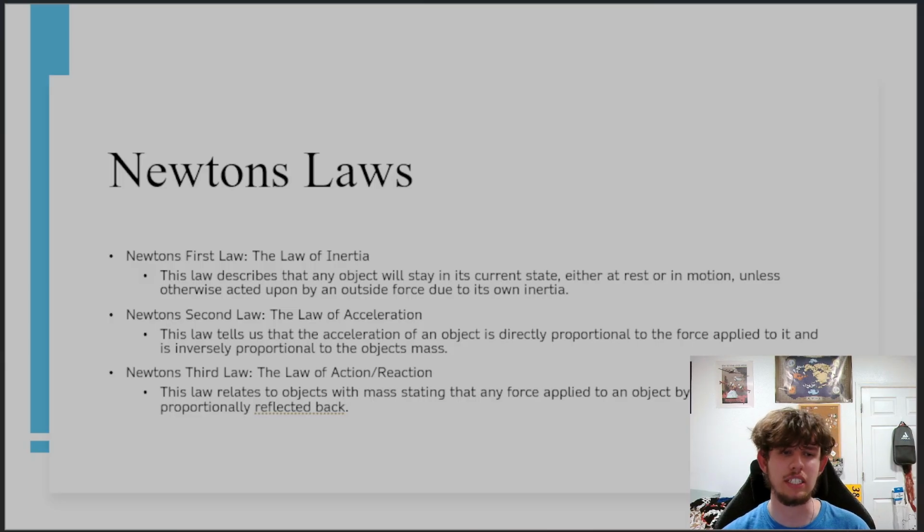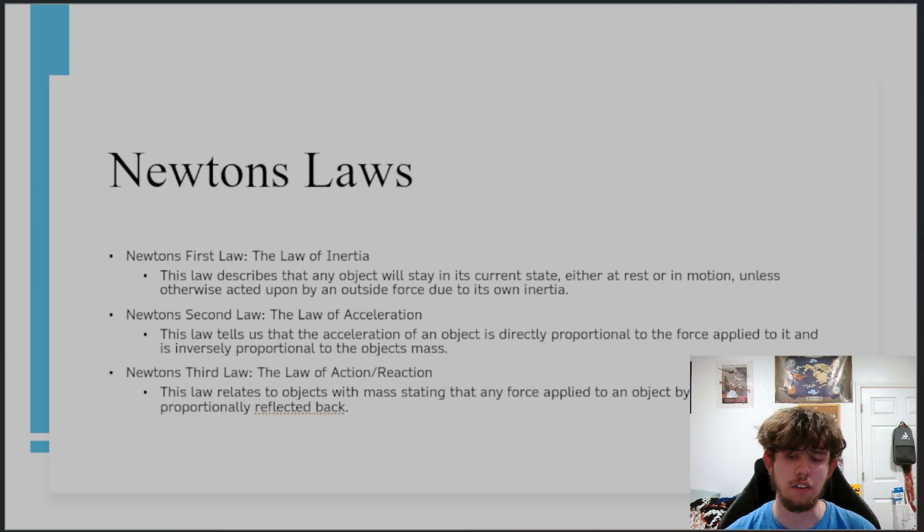The second law we have is the law of acceleration. The law of acceleration tells us basically that the acceleration of an object is directly proportional to the force applied to it, and inversely proportional to the mass of the object itself.